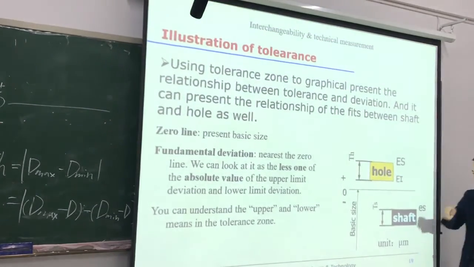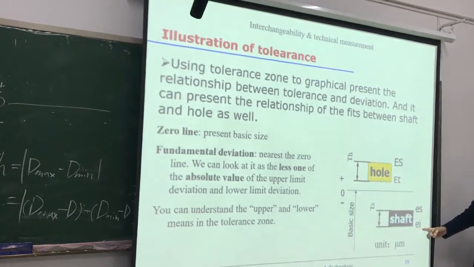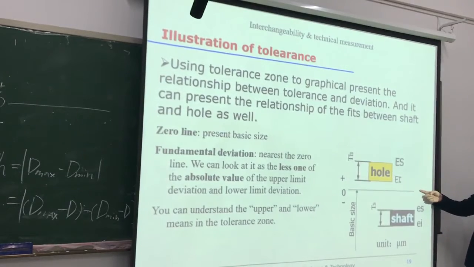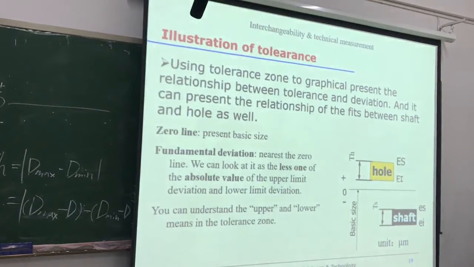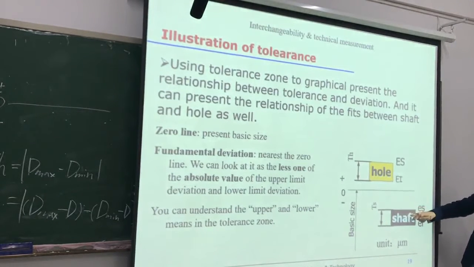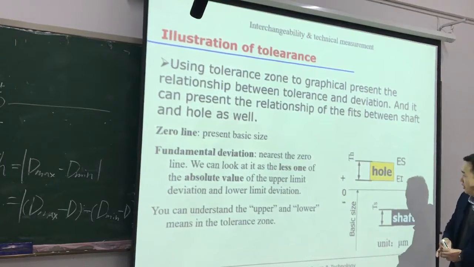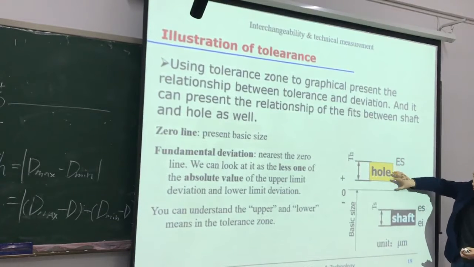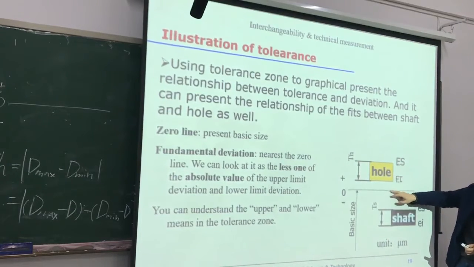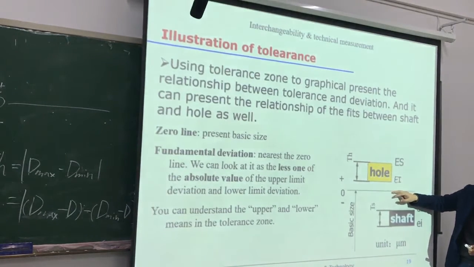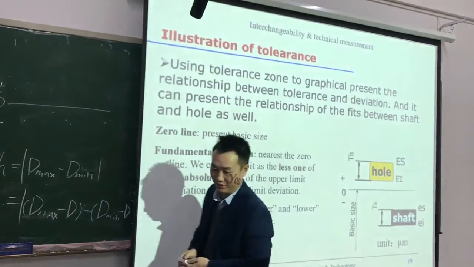And for this shaft, which deviation is closer to the zero line? It's the upper deviation, right? So its fundamental deviation is the upper deviation. If the tolerance zone overlaps with the zero line, then we should check which one is closer to the zero line. Then that deviation is the fundamental deviation.